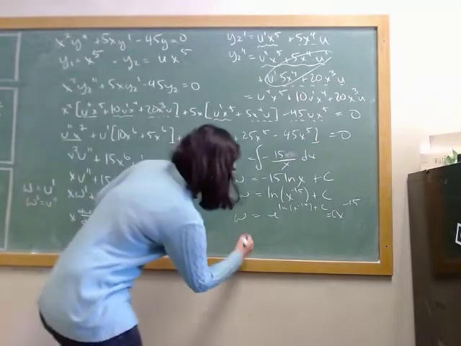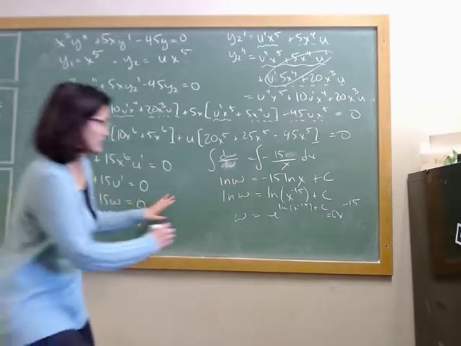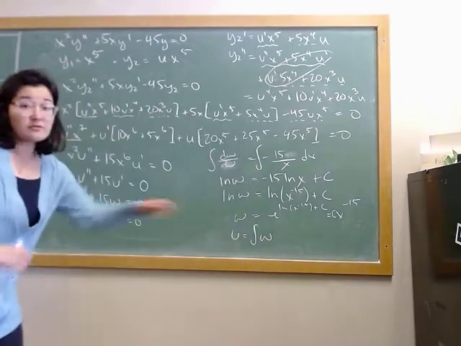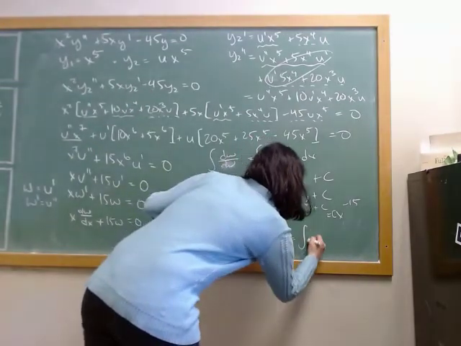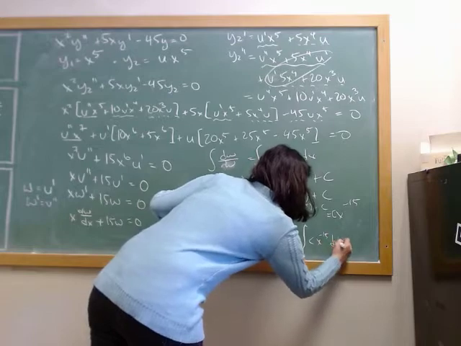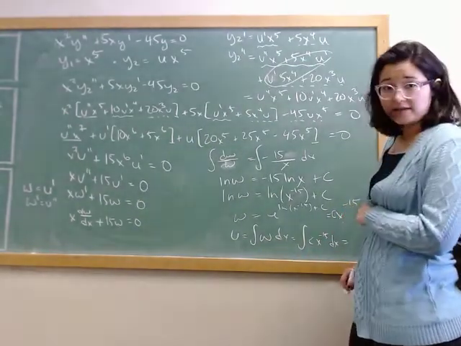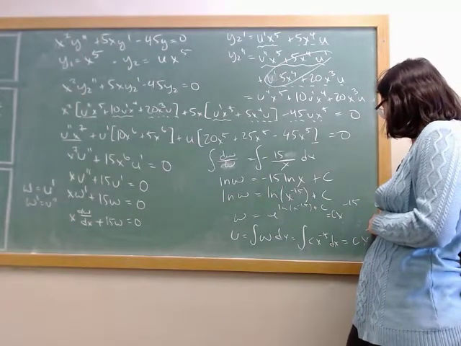And so, since I know that w is equal to u prime, then u should be equal to the integral of w. So the integral of x to the minus 15 times a constant is just some unknown constant times x to the minus 14.